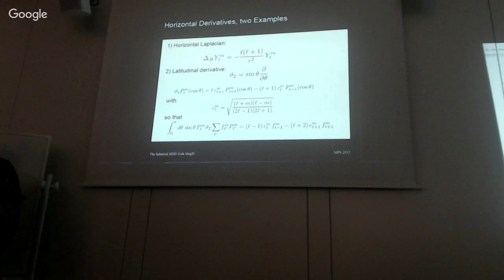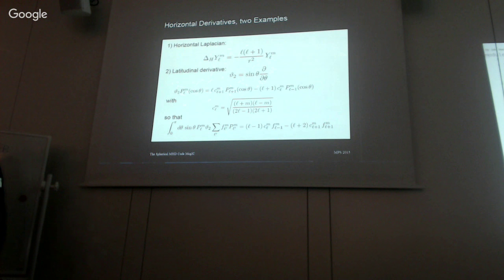So the advantage is, as I said, that if you have the spectral representation, you can express all derivatives in the system analytically. So this is one example. Another example is this theta derivative, the colatitudinal derivative multiplied with sine theta, and you can express this acting on the Legendre polynomial with a recurrence relation.